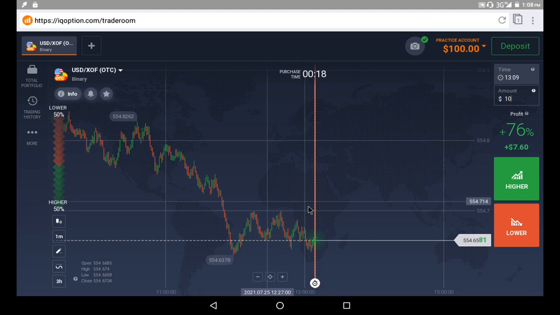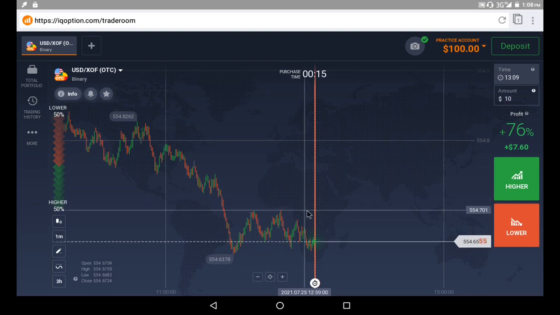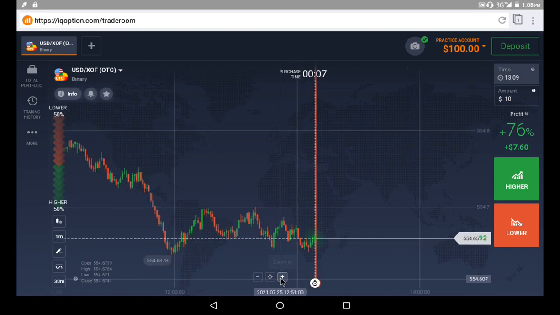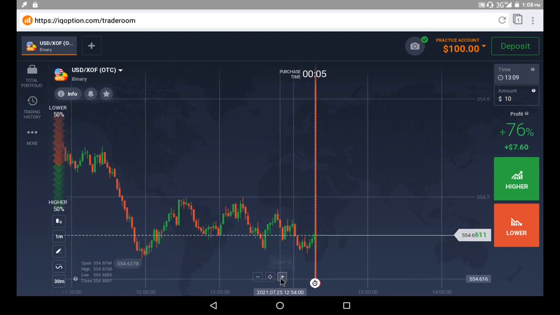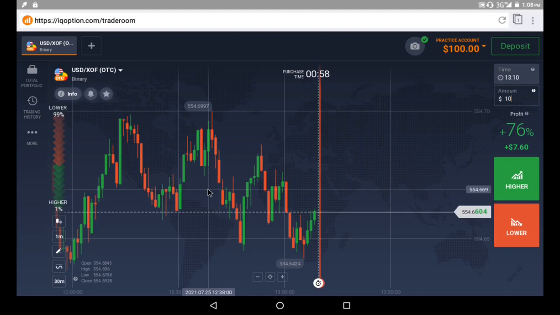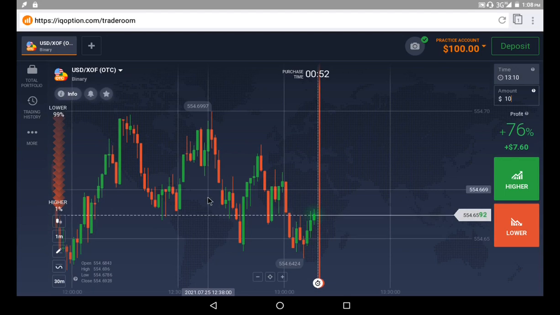But there are those that have been clearly stationed or provided by the broker, and these we refer to as round numbers. These round numbers sometimes act as levels of support and resistance on the chart.